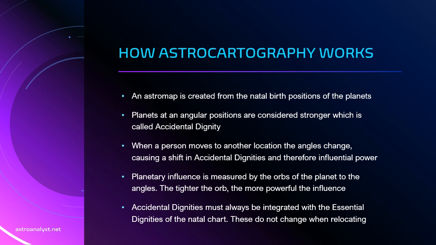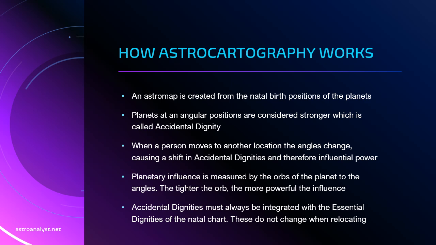But then you can move a couple 100 miles away, 300 miles away, and Venus is no longer at the ascendant. It has moved. Maybe it's in the second house now, or maybe it's in the 12th house. What it's done is it's changed the accidental dignity of the planet, and it basically changes your experience of that planet in that particular location.